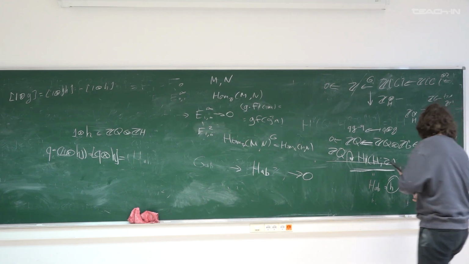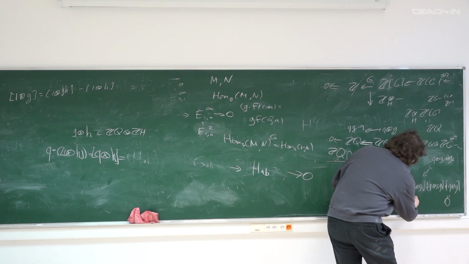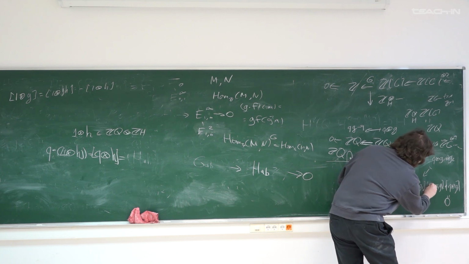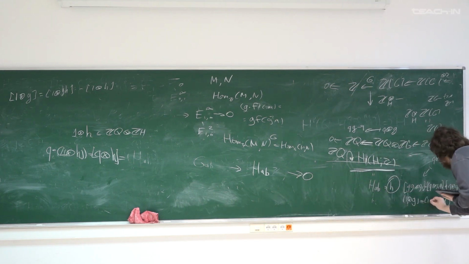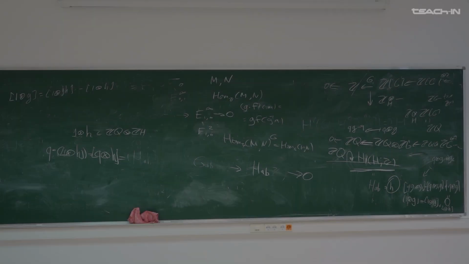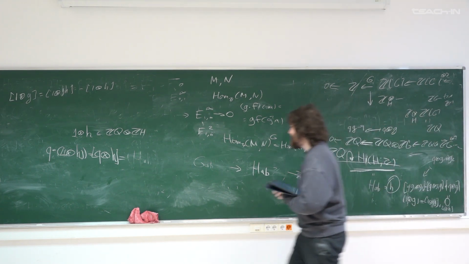So 1 tensor G equals minus 1 tensor GH plus 1 tensor H. No, I want GH, sorry.